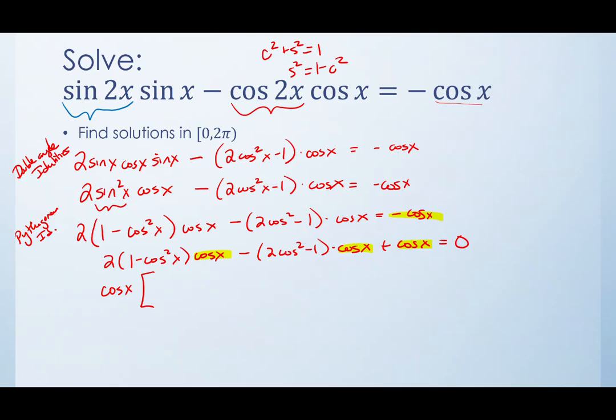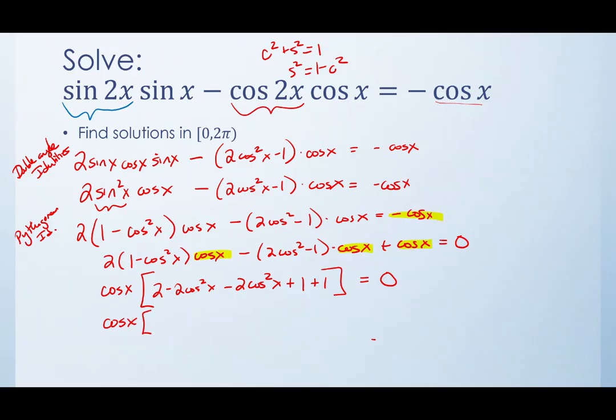Okay. And now I'm going to go ahead and do some multiplying, right? So I've got 2 times 1 minus 2 cosine squared. Great. I've got another minus 2 cosine squared, minus negative 1, so that's plus 1. And then I factor out this cosine here, so that's going to be a 1 also, so plus another 1. Okay, so we need to combine some terms here.